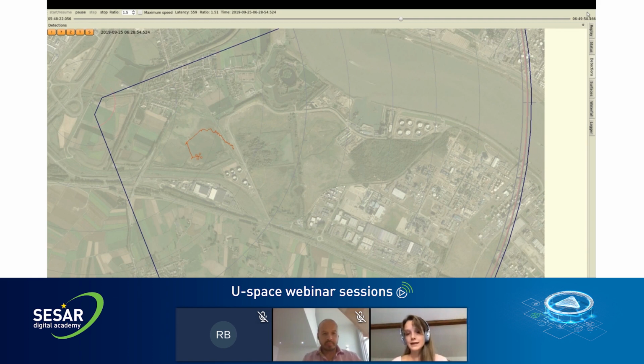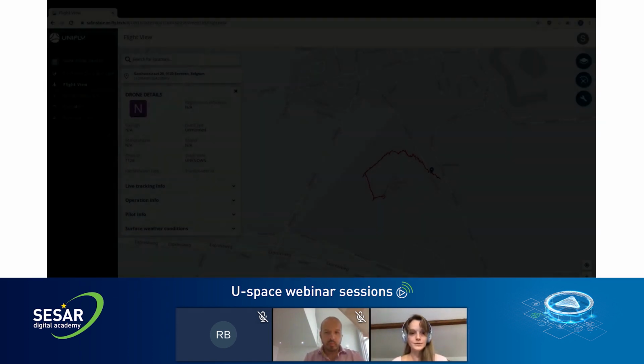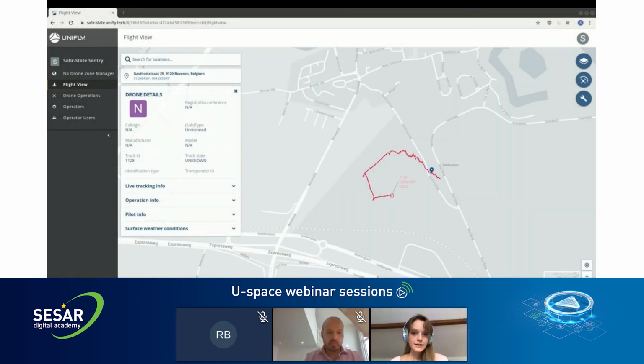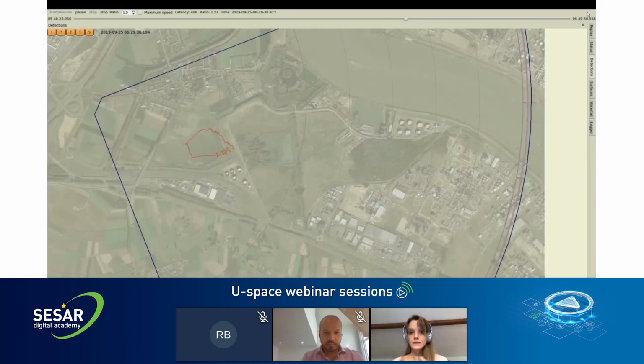So the system calculates the likelihood of something being a drone. And here we see the translation of all this data into the Unifly system, where we merge the data that we have from the tracking and the data that we have from the radar, to see if something is a drone, and if so, if any actions are required.